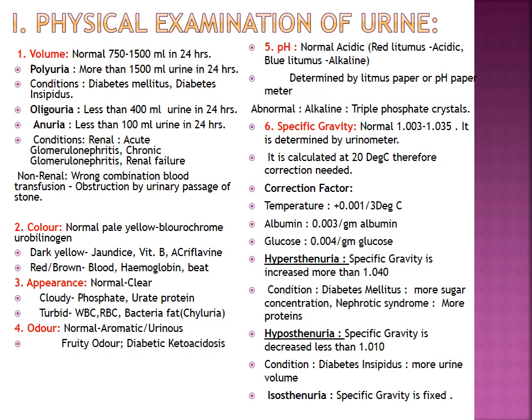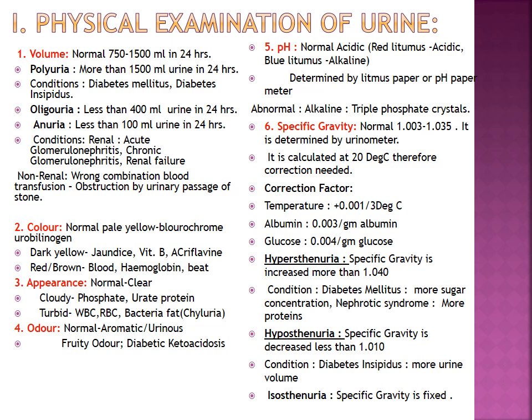Anuria means almost absent urine, less than 100 ml in 24 hours, and it is seen in renal failure or renal conditions like glomerulonephritis, chronic glomerulonephritis. Some non-renal conditions in which you can see anuria, that is less urine production, are mismatched blood transfusion reaction, or obstruction in the urinary passages by a stone.